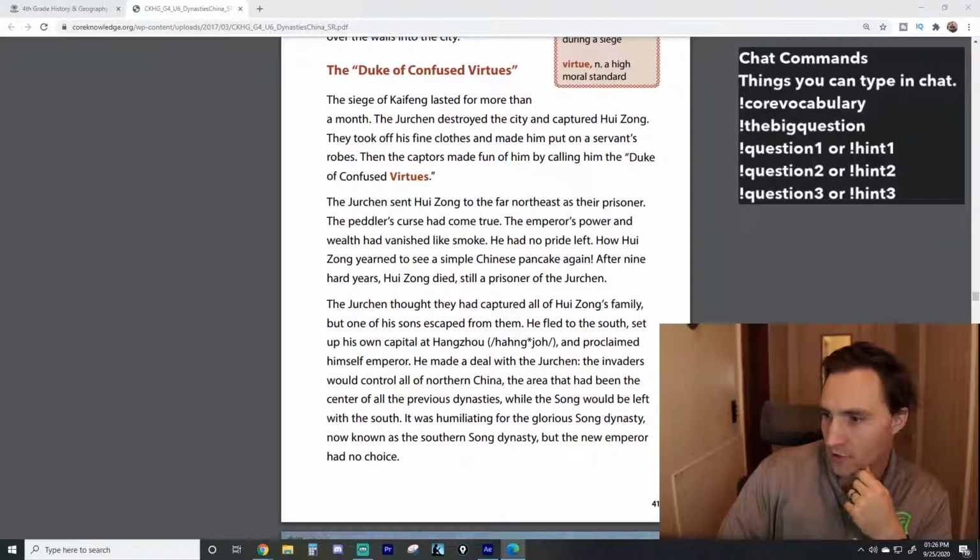So right there it shows, how did the peddler's prediction about Hui Zong come true? And then up above those lines, there is the hint. After Jurchen turned against China, they destroyed what and captured who? The emperor was blank, with no wealth or pride left.